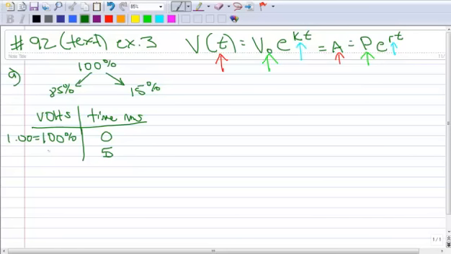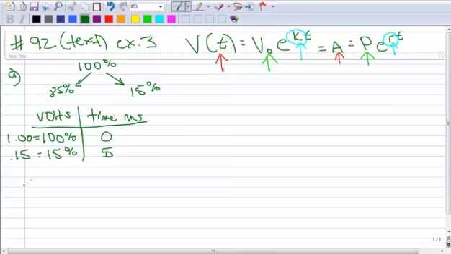How much do I have left? I have 15% of it left, which in decimal form is 0.15. The question asks me to find K, and K in their formula is the same thing as R in PERT, in other words, the rate of decline. So let's go ahead and find that using PERT.